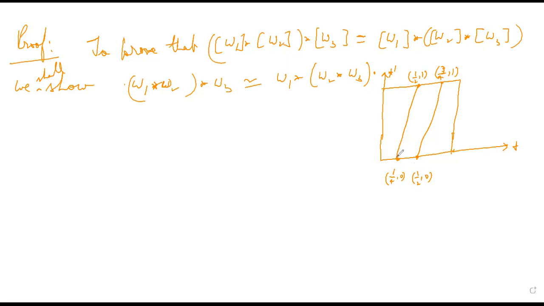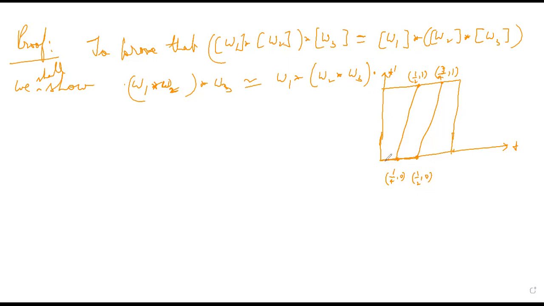So initially when t prime is 0, we will have a homotopy between this and this, right? You can see that in this one, omega 1 and omega 2 are traversed up to half, and then in the next half, omega 3 is traversed. And in this one, omega 1 is traversed in the first 1/4 portion, and in the next 1/4 portion, omega 2 is traversed.